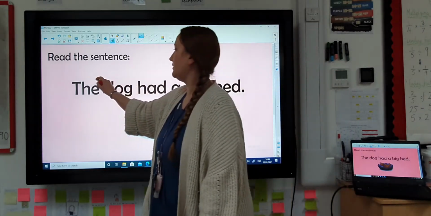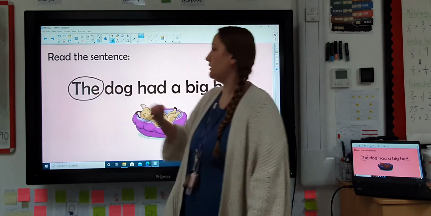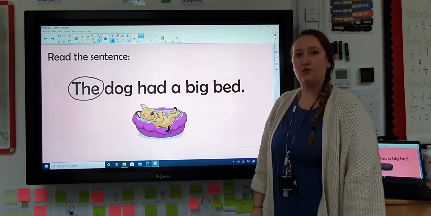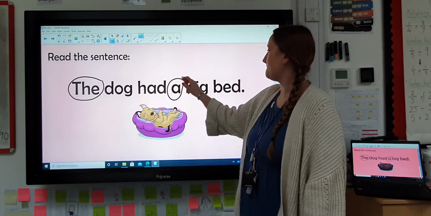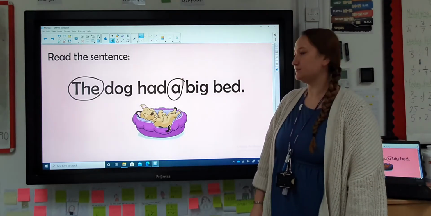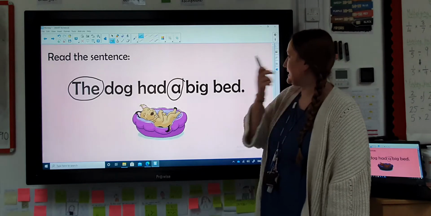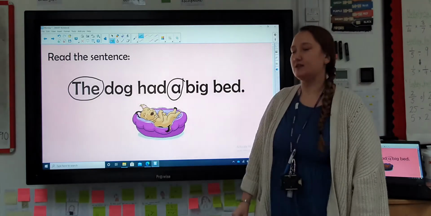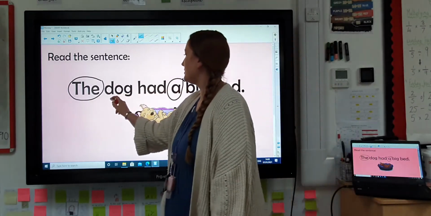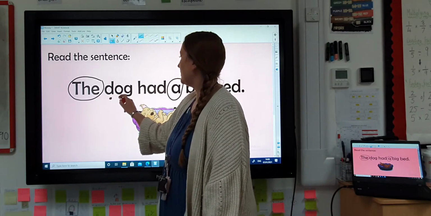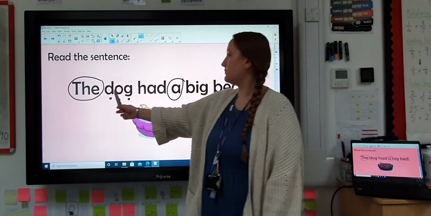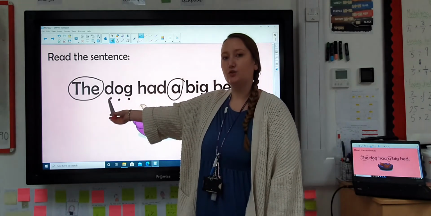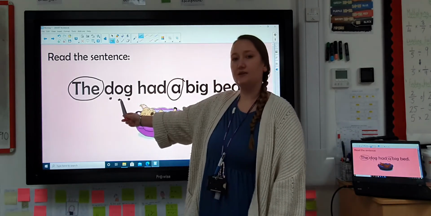So I think, do we know this word? This word says the. And what about this one? Okay, so let's see if we can work out the rest of this sentence. So we have got 1, 2, 3 phoneme buttons, and this phoneme is D. And what about this one?